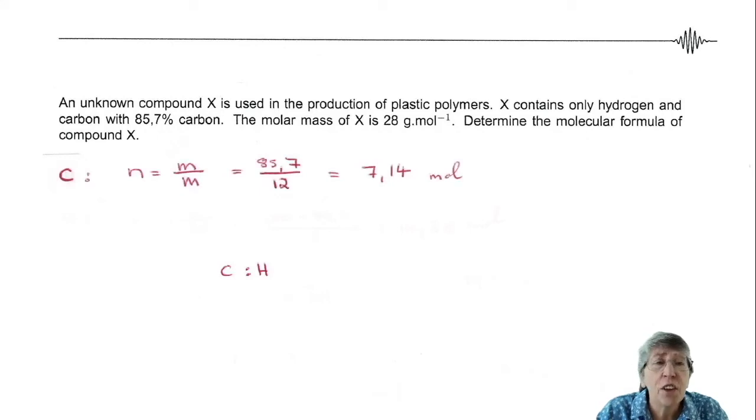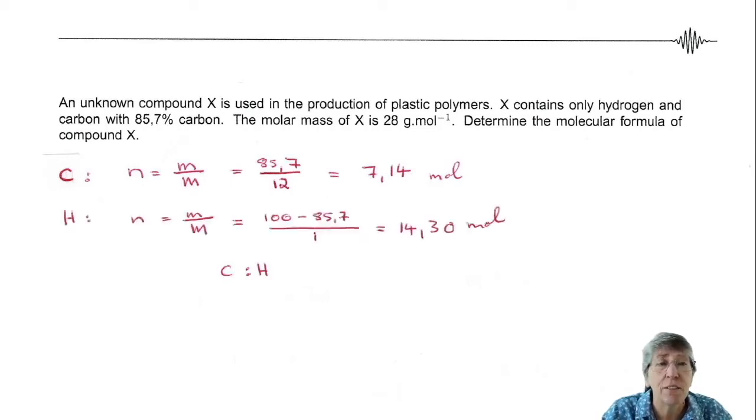So 85.7 divided by 12, I'm ending up with 7.14 moles of carbon. And now I need the hydrogen as well. Now the hydrogen is the rest of 100. So for the mass of hydrogen, that would be 100 minus that 85.7. So then we end up with 14.30. Now we've got moles, and we can put that into our ratio.